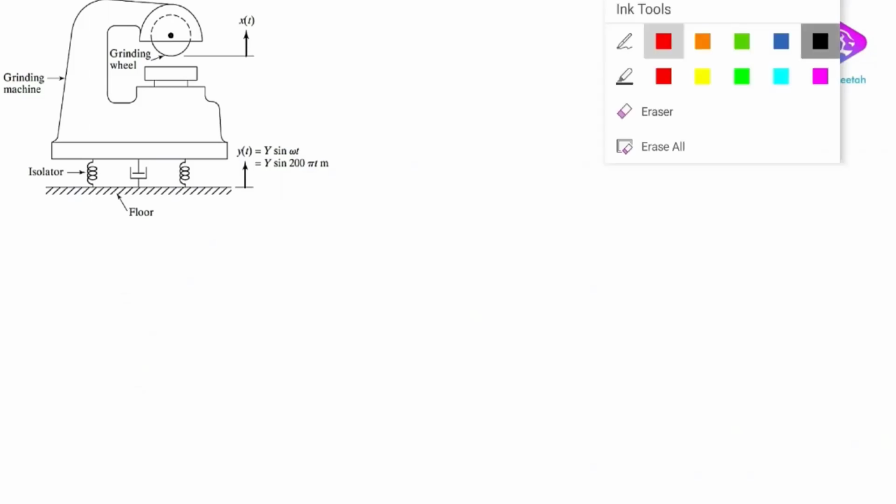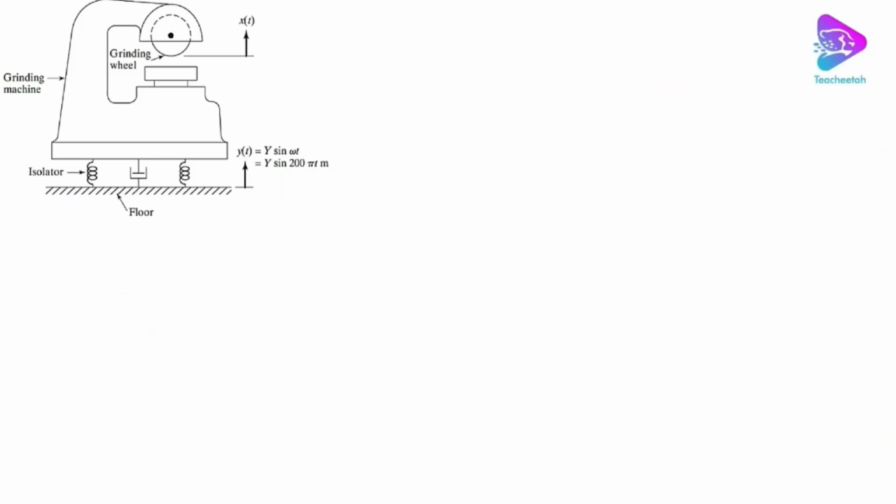Again, we go to the formula we have for X over Y, which is equal to, again, we can use the K, C, omega formula. We don't need to use the zeta and r because we know the value of K, C, and omega.